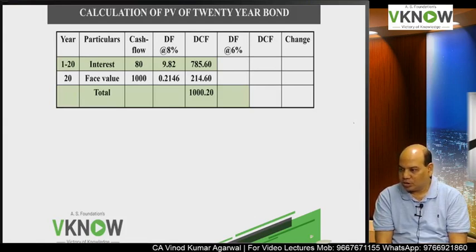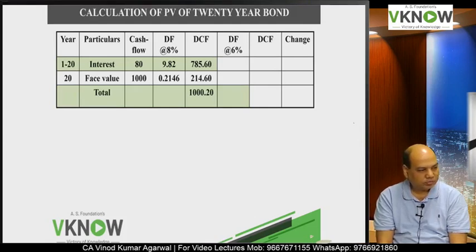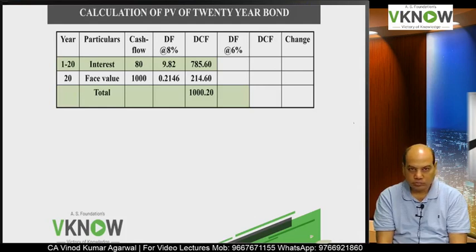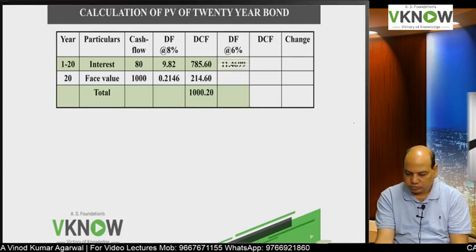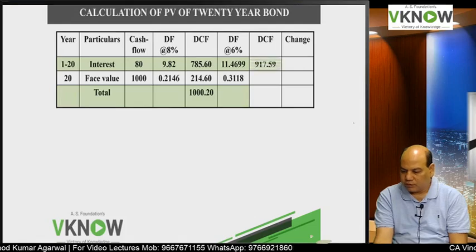Anybody who got the total of the DCF column at 6%? Total, please reply fast. Check the factors.